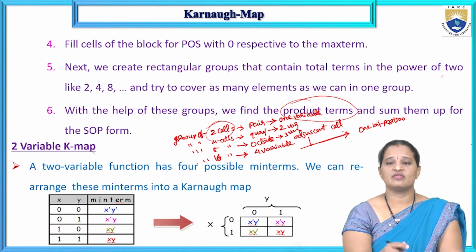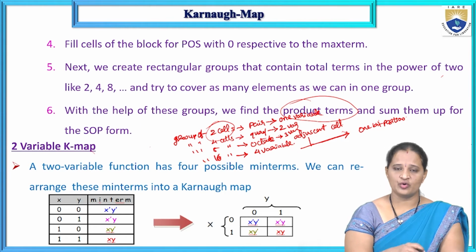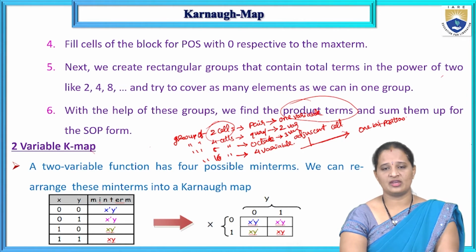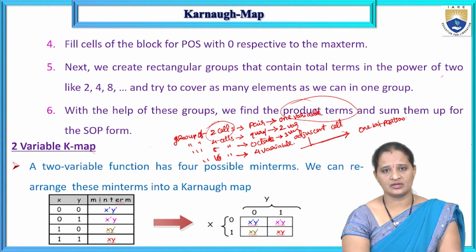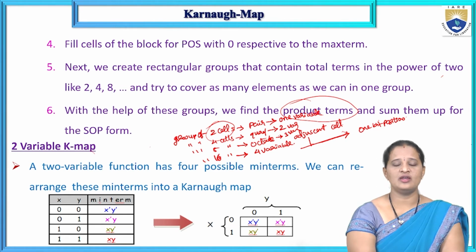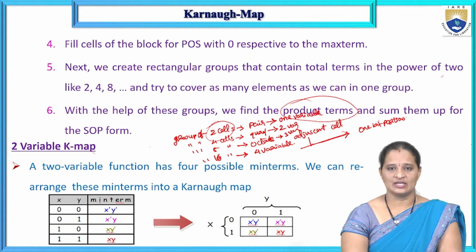And I have to consider only the common variables, and I can form the product terms by taking the variables in true form if its value is 1, and in its complemented form if its value is 0.